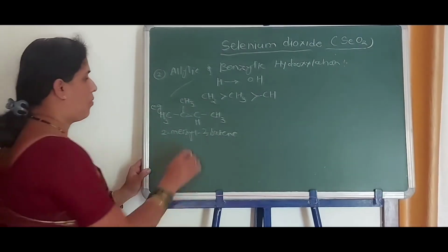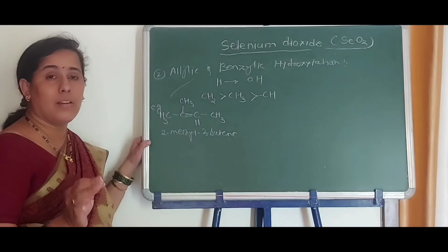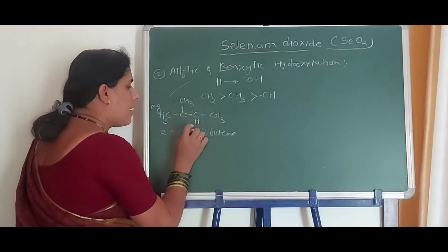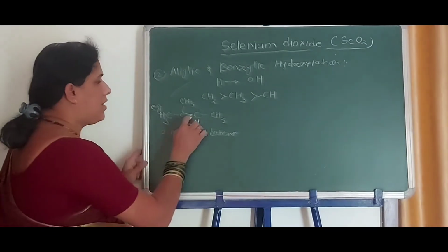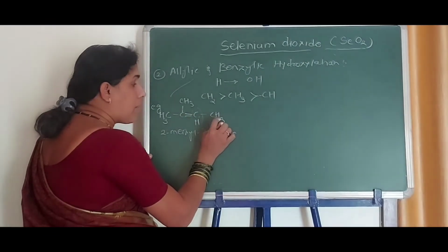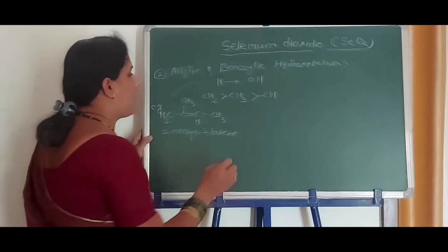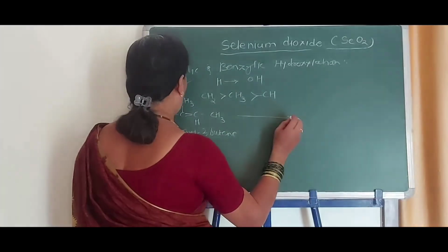In this example we have to stress this double bond, which is present along with a CH3 group, and that CH3 group is converted into a CH2OH group.